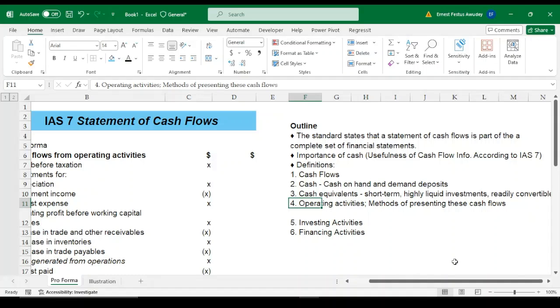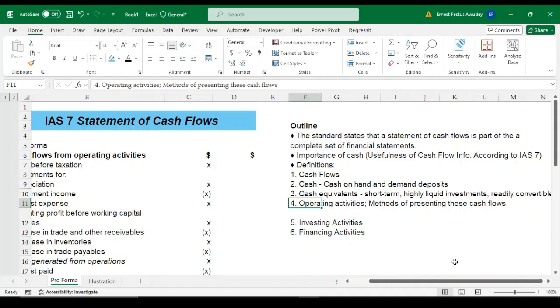The first one is operating activities. When we talk about operating activities, we are talking about the principal revenue generating activities of the business and other activities which are not investing or financing activities.